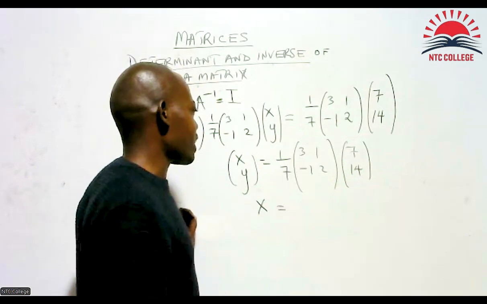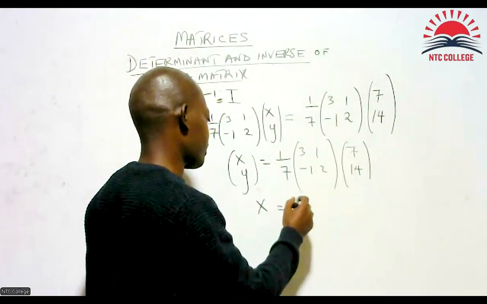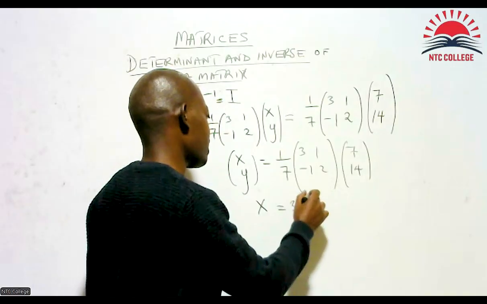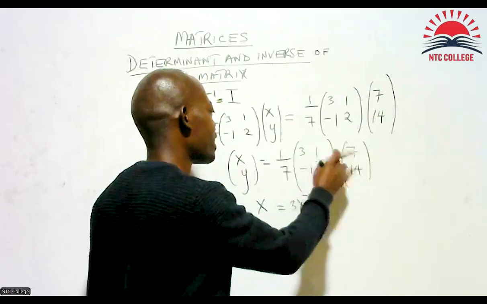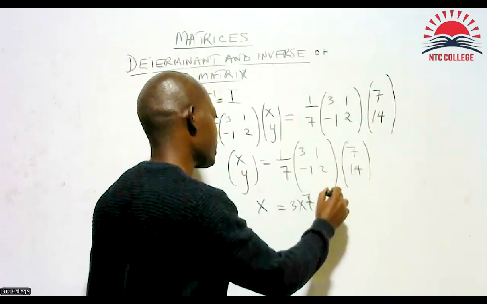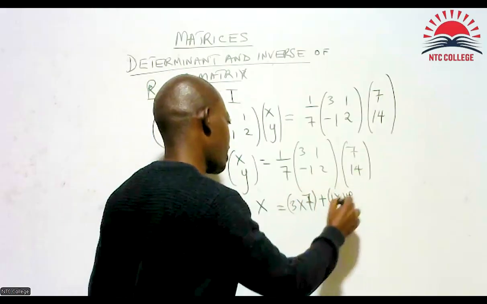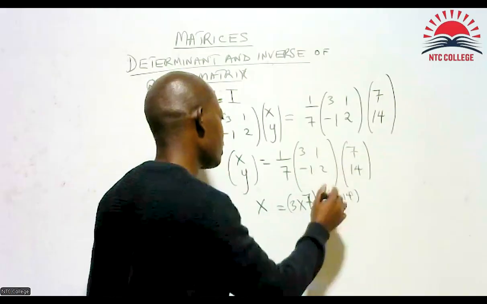We are obtaining x. Using the upper row, x is 3 times 7 plus 1 times 14.